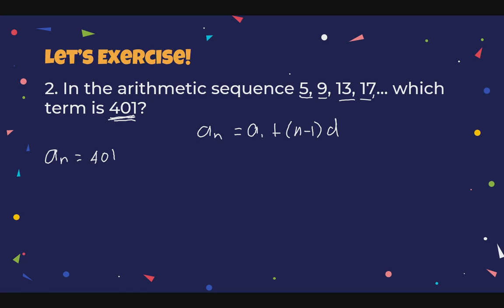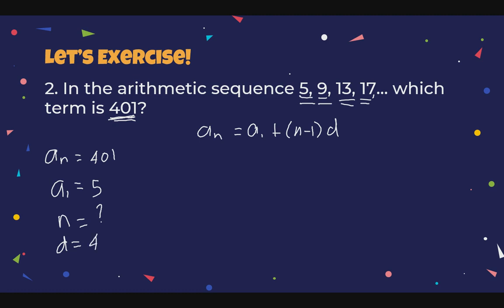Kaya ang a sub n natin is 401. Next, a sub 1 will be equal to 5, the first term. Next, n is wala pa po, siya pa po yung nawawala. Again, hahanapin natin kung pang ilan ang 401. And our common difference is, because our sequence is increasing, the common difference is positive. And the common difference is 4.